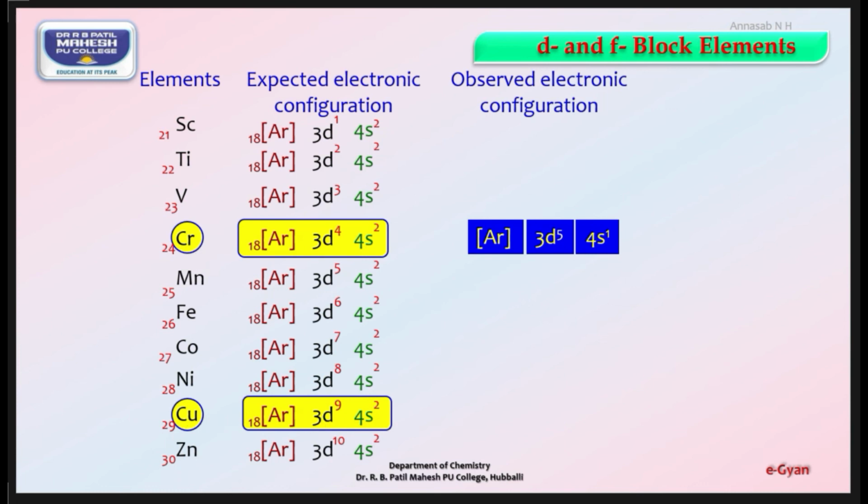Similarly for copper, one electron from the 4s orbital is transferred to 3d and it becomes 3d10 4s1. So the correct electronic configuration for chromium and copper is argon 3d5 4s1 and argon 3d10 4s1. Because of these two elements, the ns orbital in the general electronic configuration is 1 to 2.